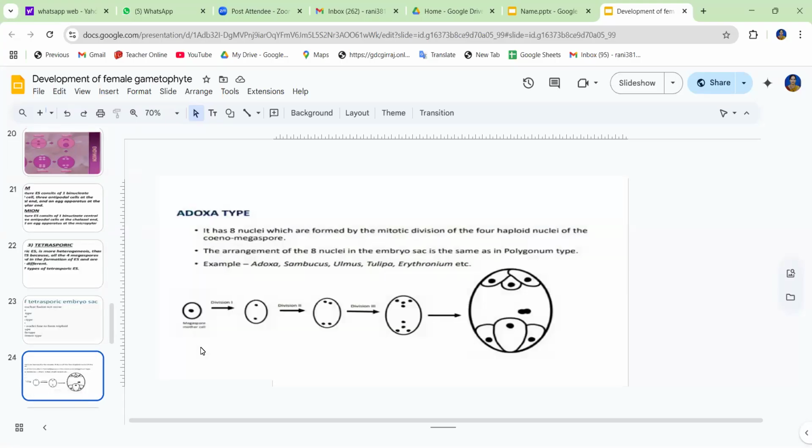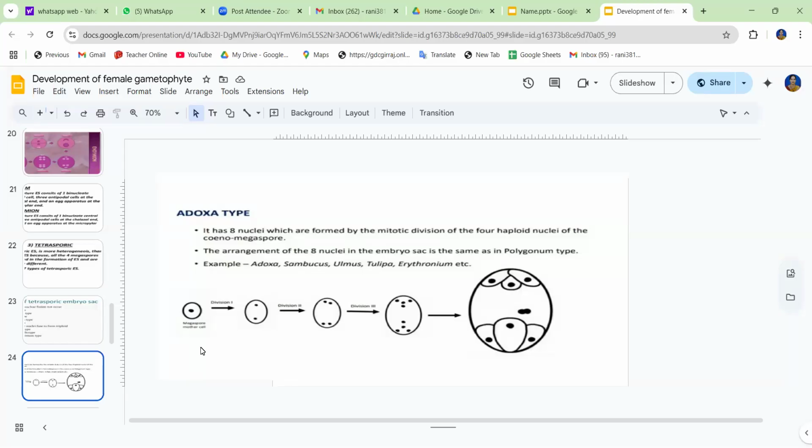This is the Adoxa type. I'll show only a single diagram.